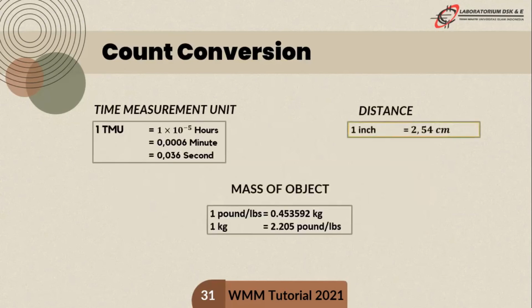First, I will remind you once again: for the time measurement unit, 1 TMU equals 0.0006 minutes, or 0.036 seconds. For distance, 1 inch equals 2.54 centimeters. For mass, 1 pound equals 0.453592 kilograms, and 1 kilogram equals 2.205 pounds.